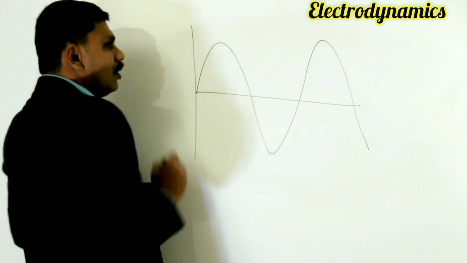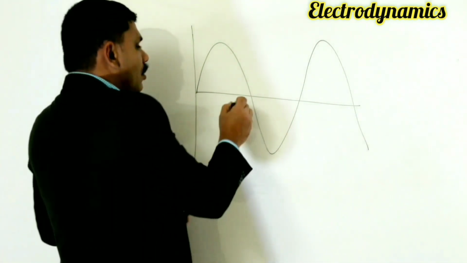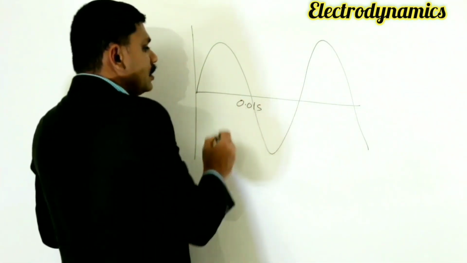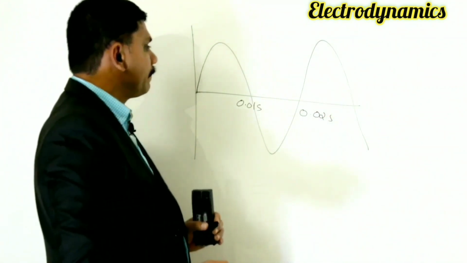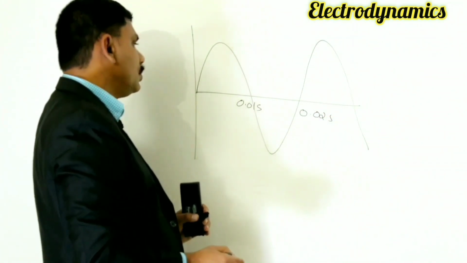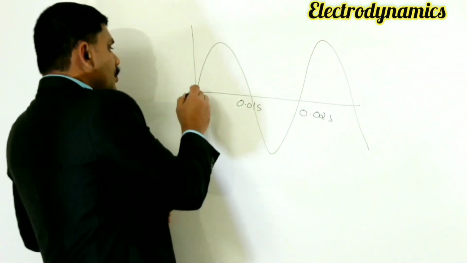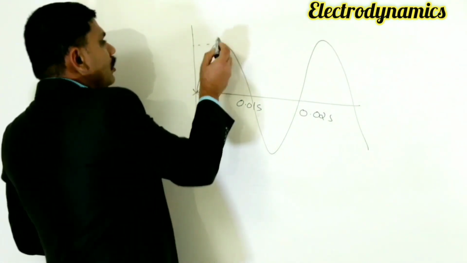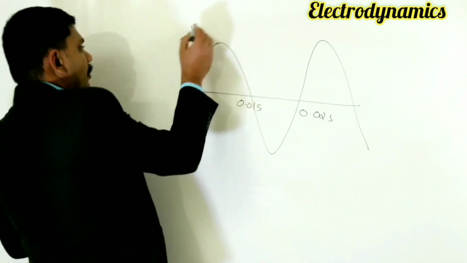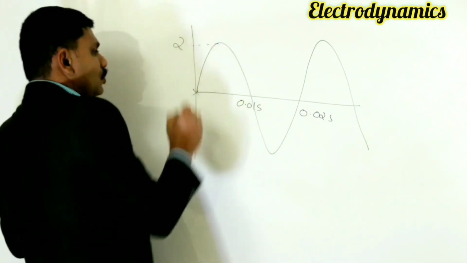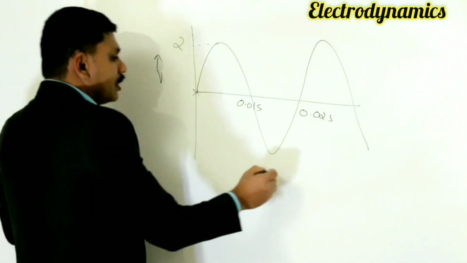This is 0, this is 0.01 second, and this is 0.02 second. For example, this is a voltage diagram. Suppose this is 2. Here is voltage, here is time.